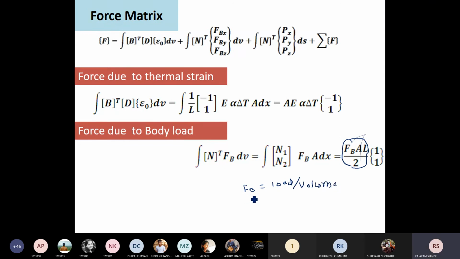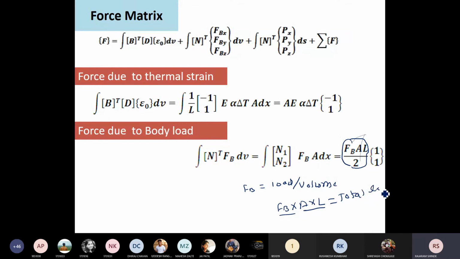That means body force, as I have already told you, is measured in terms of force per unit volume. When we consider FB as a weight density, then FB into area into length, which is volume, gives the total load because of the body force.